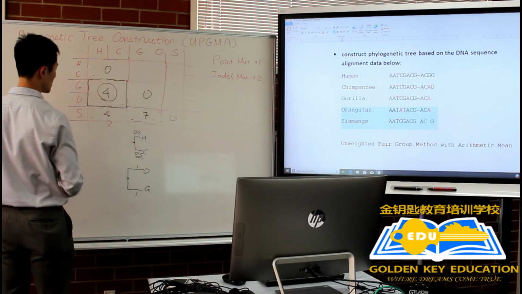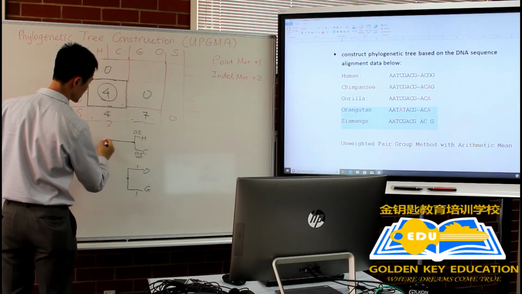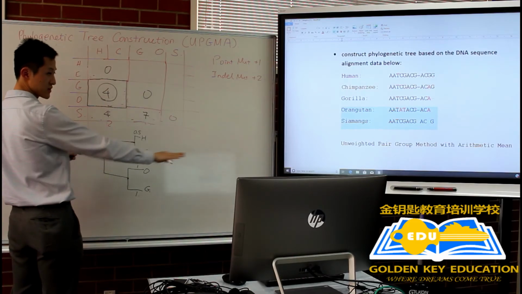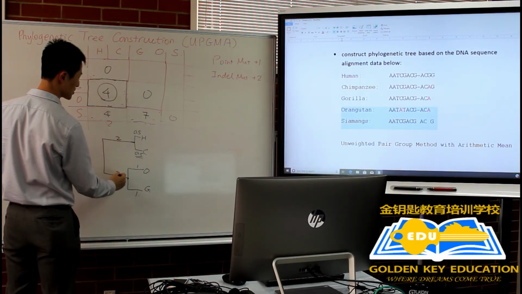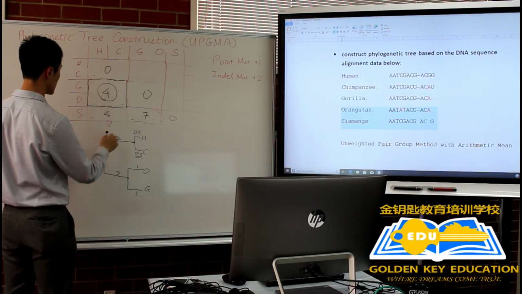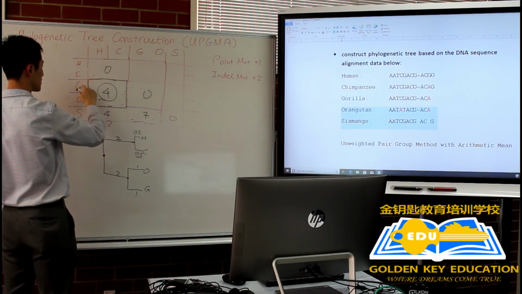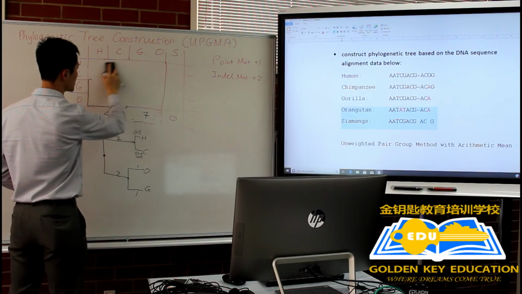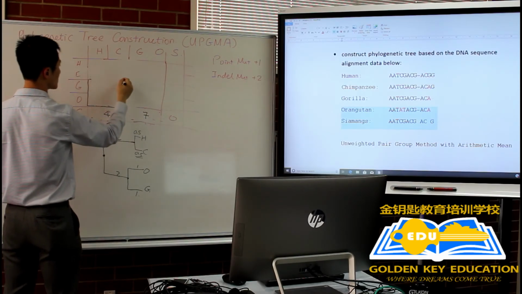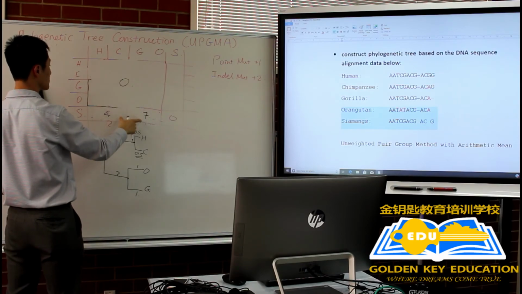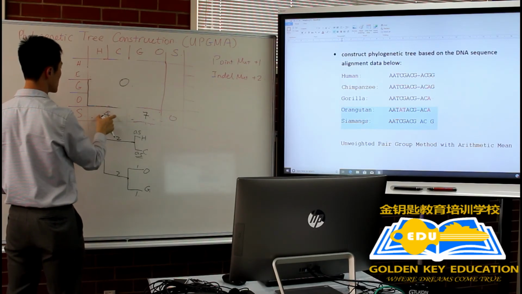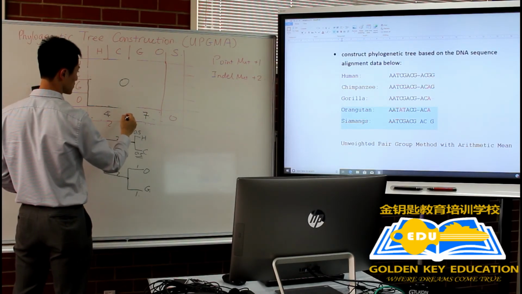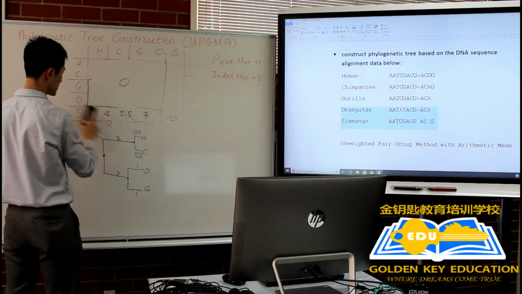Now, if that's 4, then the distance between these two taxa is going to be 4 in total distance, and because that is shared between two lineages, that's going to be 2 and 2, which is now this point here, the human, chimpanzee, orangutan, and gorilla group. If we now have eliminated the differences between these guys, we can wipe it off and give it a 0 in score. Now, the arithmetic mean difference between this group and siamang will be 4 + 7, which is 11, divided by 2, which is 5.5 as a new distance.